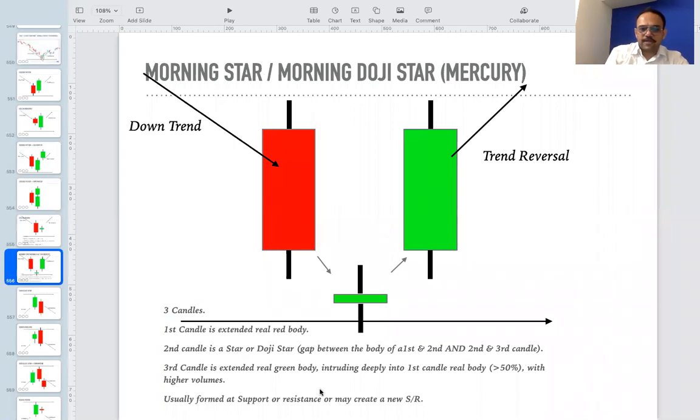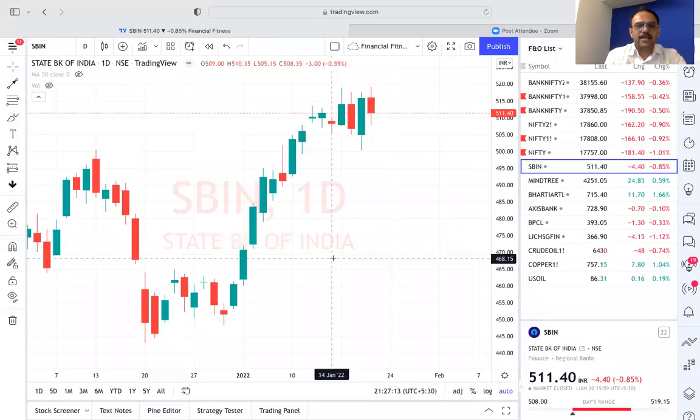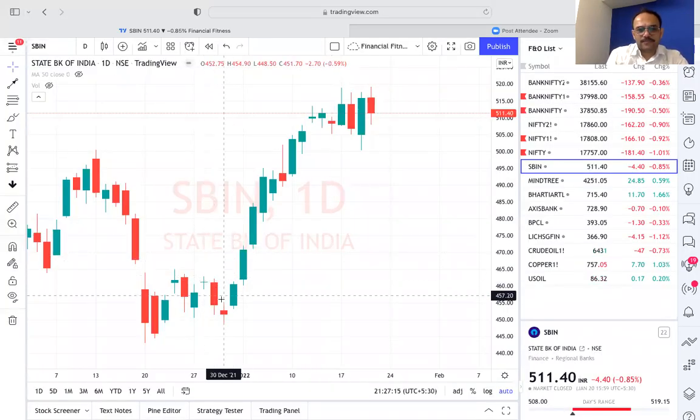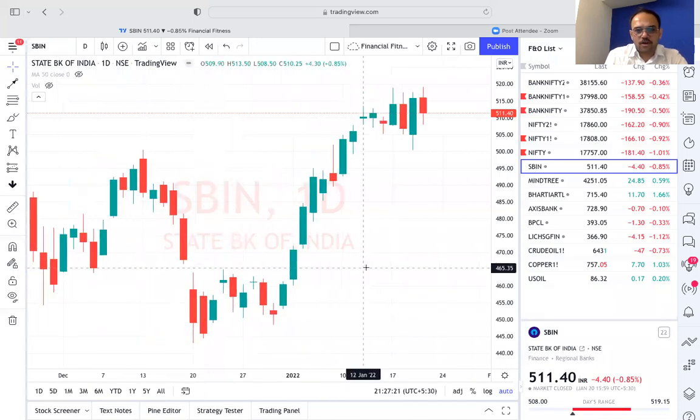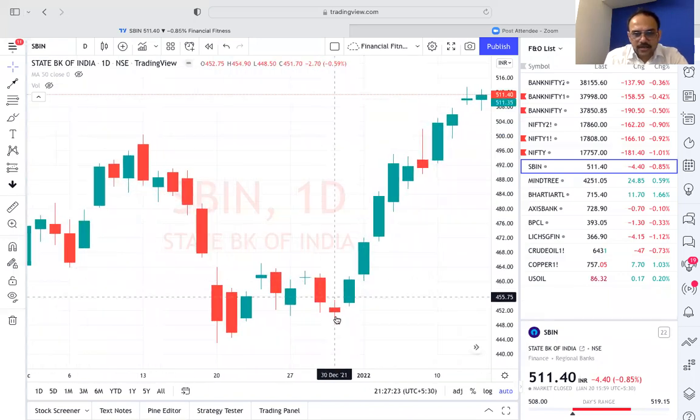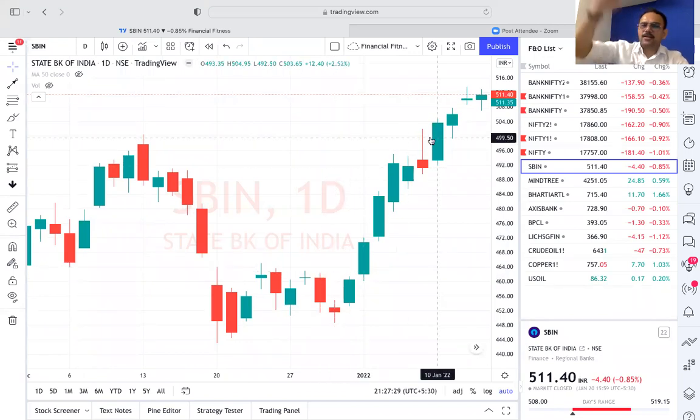Again, it has to form at the support level. The importance is support level, downtrend and support level. Downtrend, red candle, small candle, green candle. So this is a combination of three candles: red, this can be red or green, and green. Buy above the high of these three candles, and it will go up.